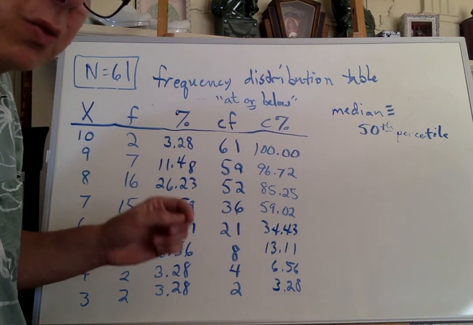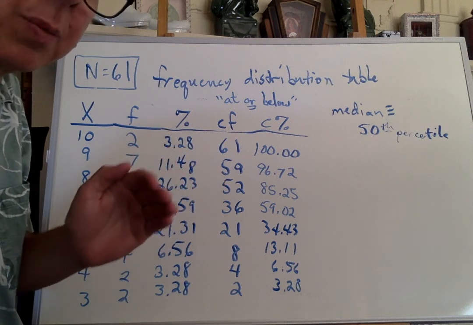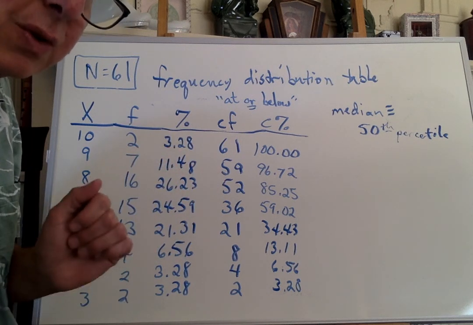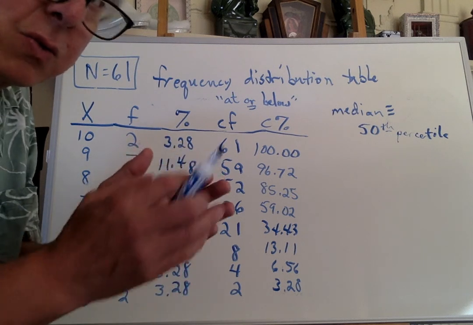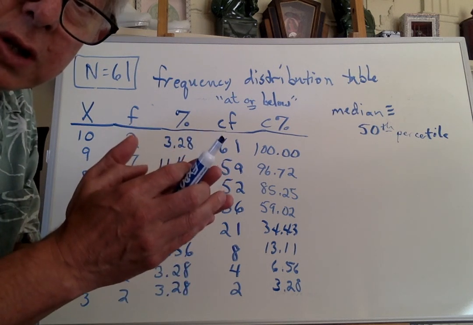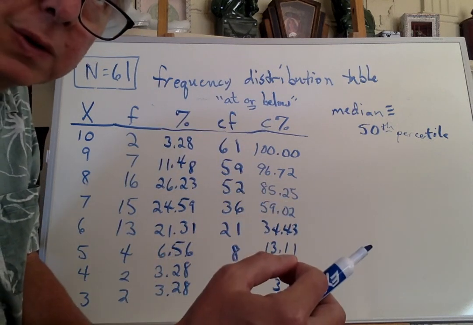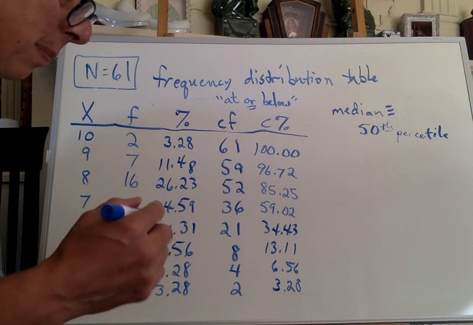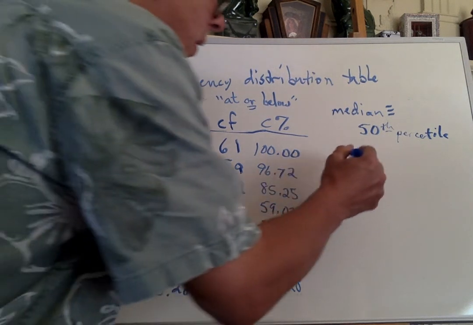That is the place where 50% of the scores fall at or below. That is, it's right in the middle of the distribution in terms of the number of people.